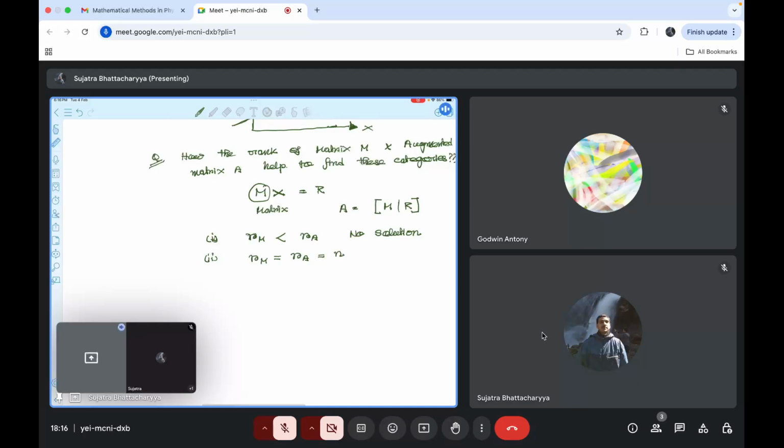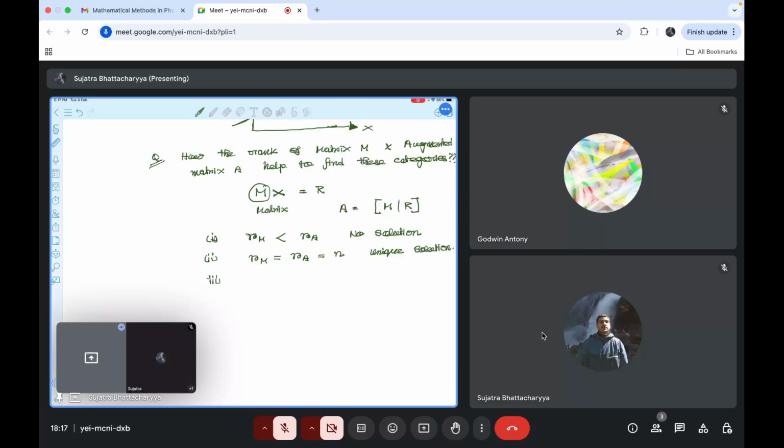If the number of unknowns is n, and the rank of the matrix is equal to the rank of the augmented matrix, which is equal to n, then there is a unique solution. That means some kind of intersection is possible.